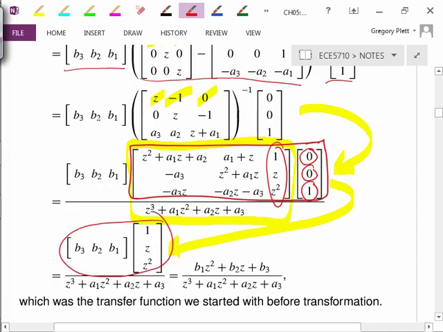And now I can multiply with the B's and see that the numerator is b3 plus b2 z plus b1 z squared. And I get, as a result, this transfer function. And that's exactly what we started with before we did any transformation at all.